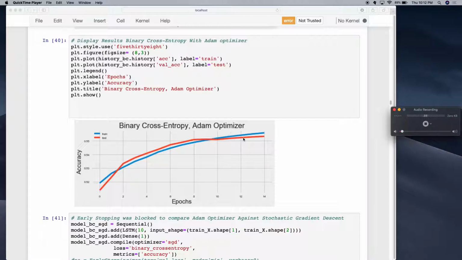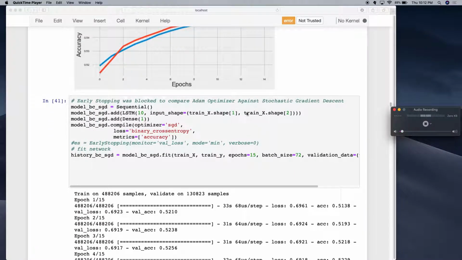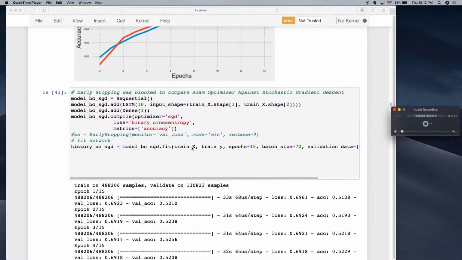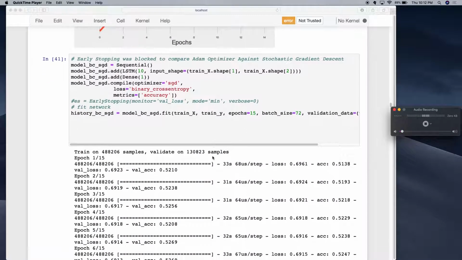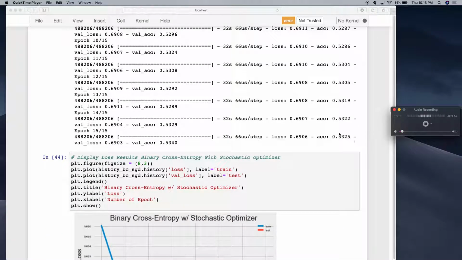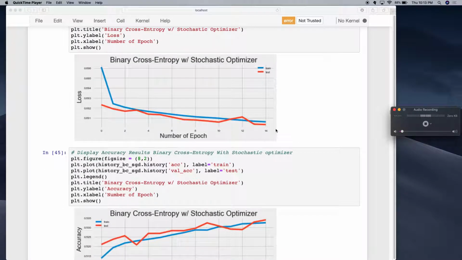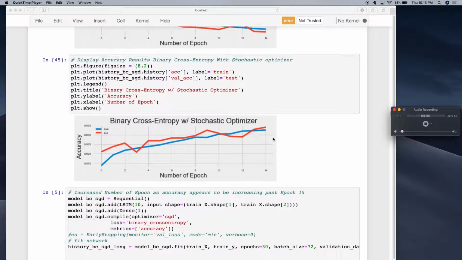The train and the test were right next to each other, so there wasn't too much, if any, overfitting. So looking at the other option, the gradient descent, I held that for 15 epochs just to be fair, and the accuracy was 53%, which isn't as good as the Adam optimizer, but it's still comparable.